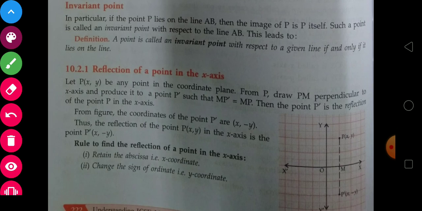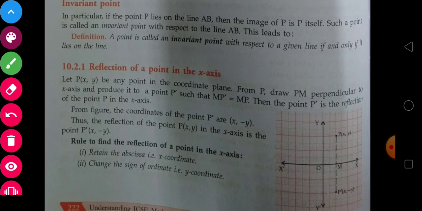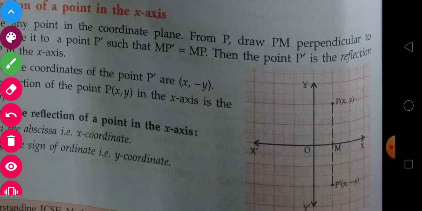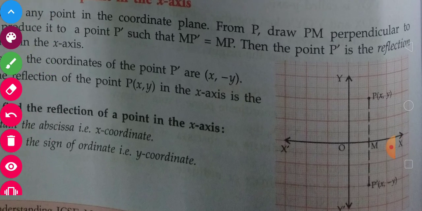Then next is reflection of a point in the x-axis. If you see, we have this point P here whose coordinates are x and y, right? And its reflection is here, P dash. We know that this length PM is equal to MP dash. So what has happened?